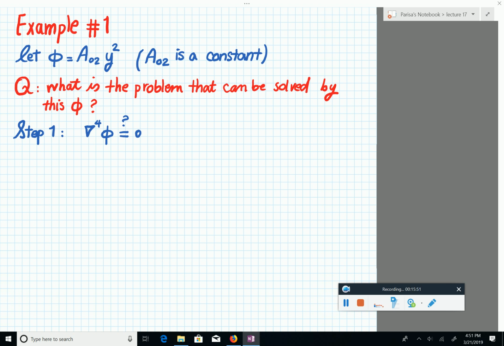Well, what is the order of this? It's y squared. So if you have 4 derivative, everything will be 0, right? Yeah. Okay. And then the second derivative with respect to y is also going to be 0. But is it going to hold for any value of a02?